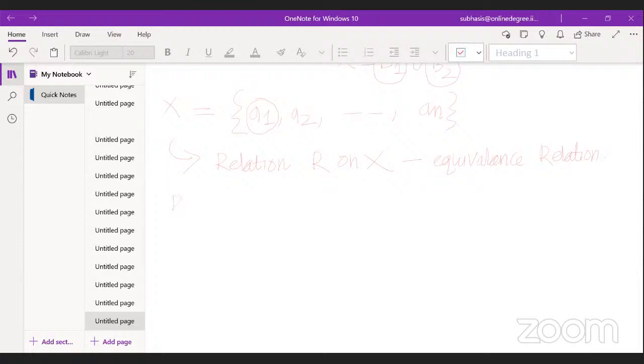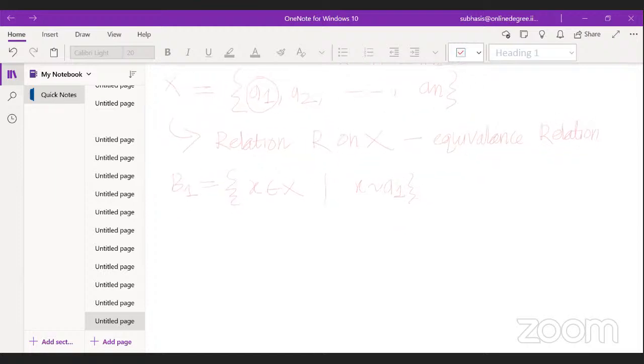So what you do now, you take A1, and from that you create a set B1. B1 is the set of elements in X which are related to A1.